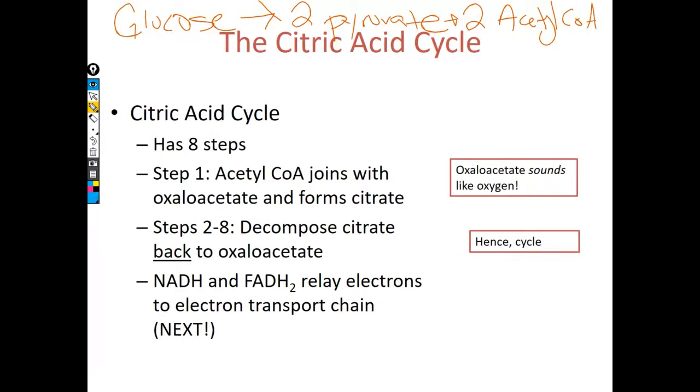Remember, this first step was glycolysis, and the second step was the prep step. That has led us to where we are now.